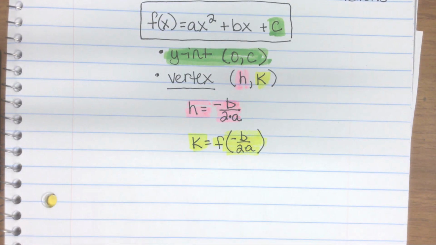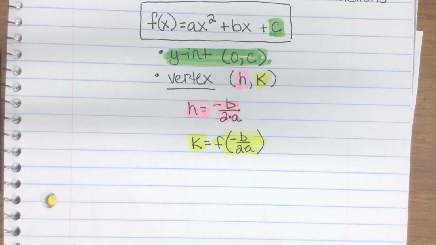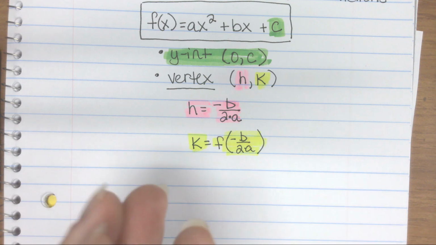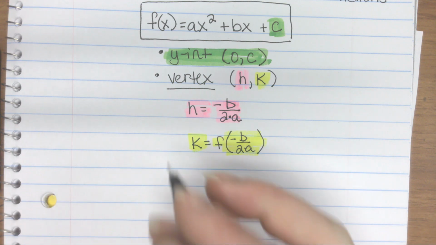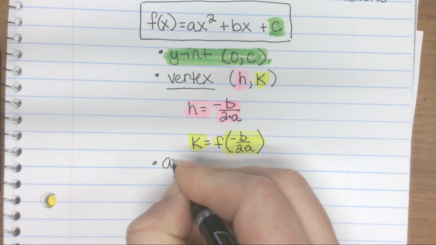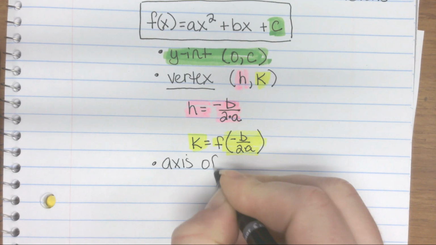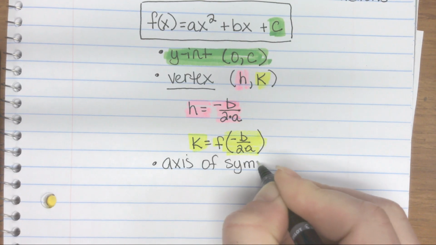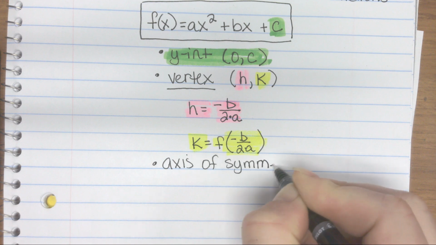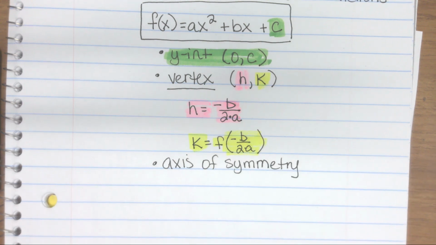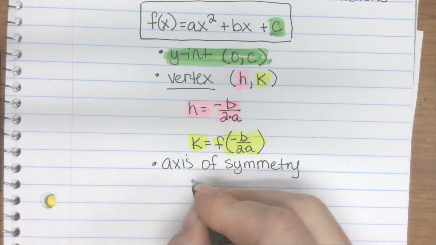One last thing: the axis of symmetry. What does it go through? The vertex. So if I ask for the axis of symmetry, you're doing no more work, because didn't I already find the vertex? So if I ask you for the axis of symmetry today, that is simply the equation x equals h.